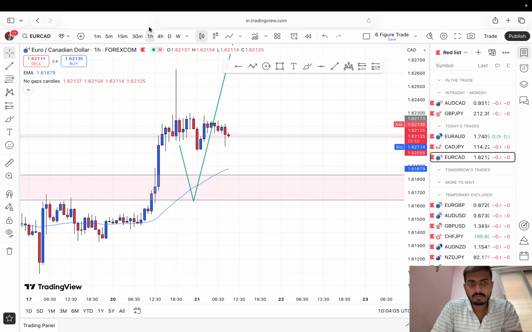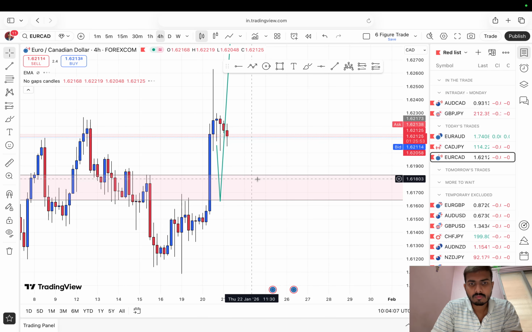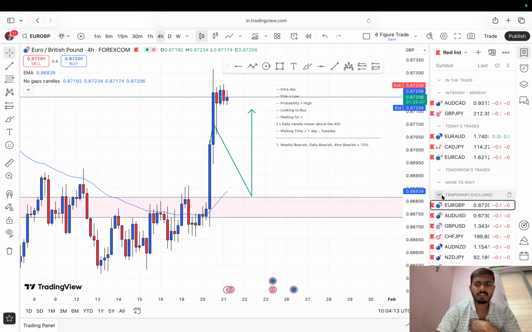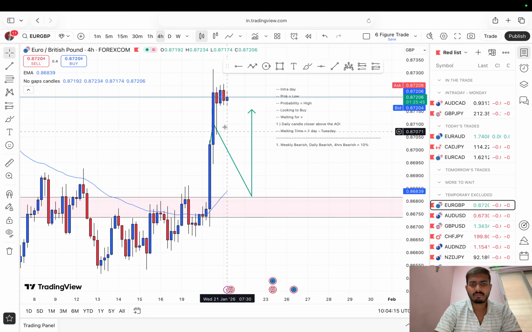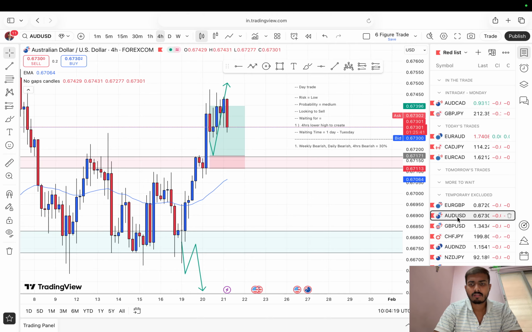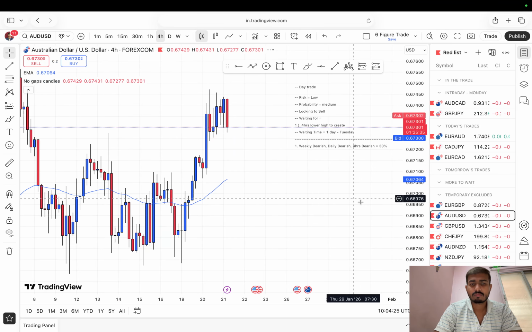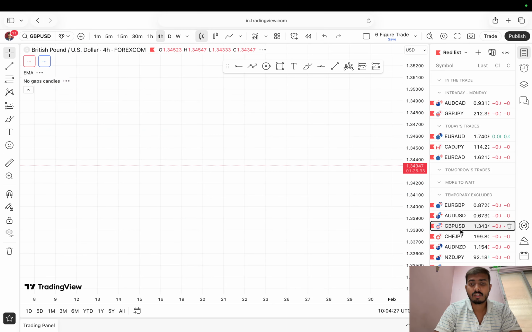Euro CAD, waiting for this candle to close over here. Temporarily excluded. Let's see. Not interested.